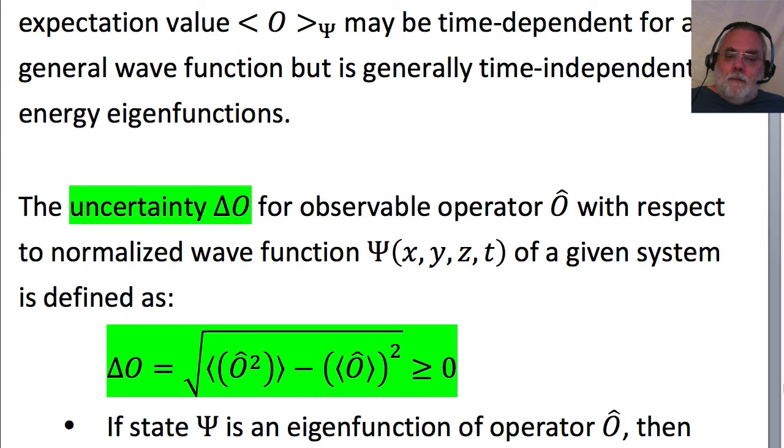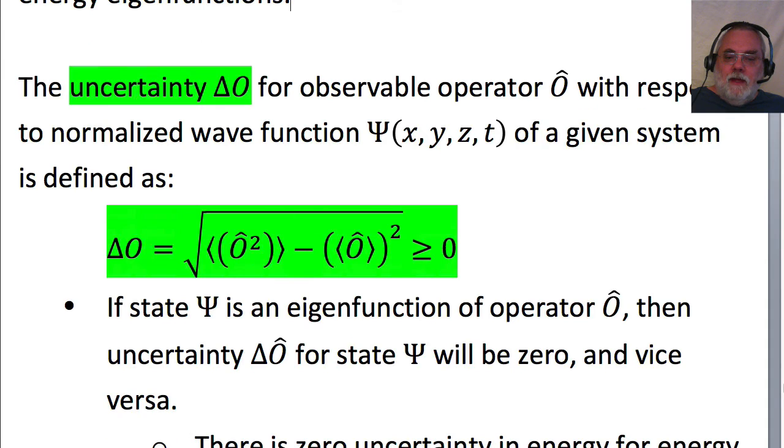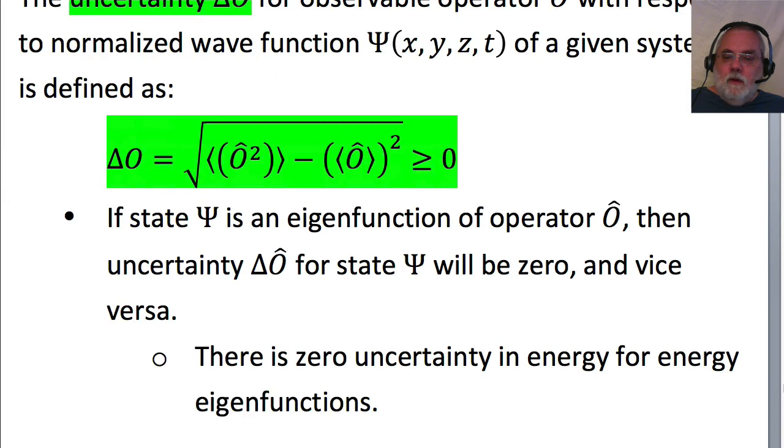If state capital psi is an eigenfunction of operator O, then the uncertainty delta O for state psi will be 0, and vice versa. There's 0 uncertainty in energy for energy eigenfunctions.